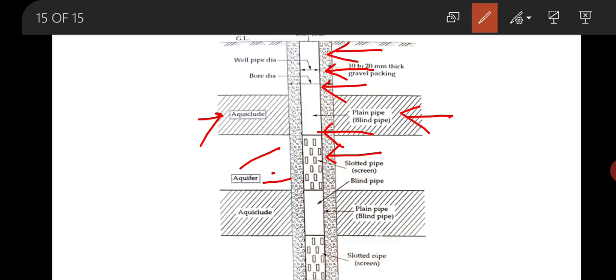You can see here there is a 10 to 20 mm thick gravel packing surrounding the well pipe. In this case also, the water will enter through the sides and not from the bottom. So here also the flow is radial.